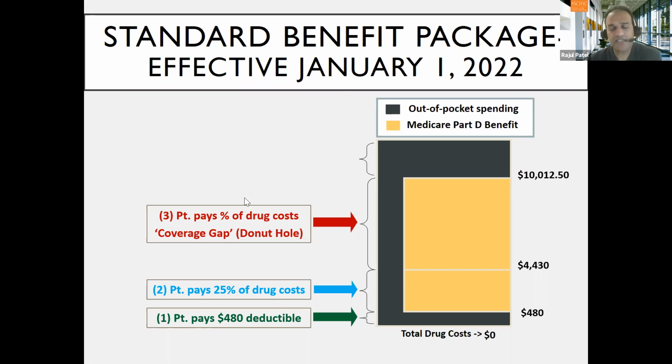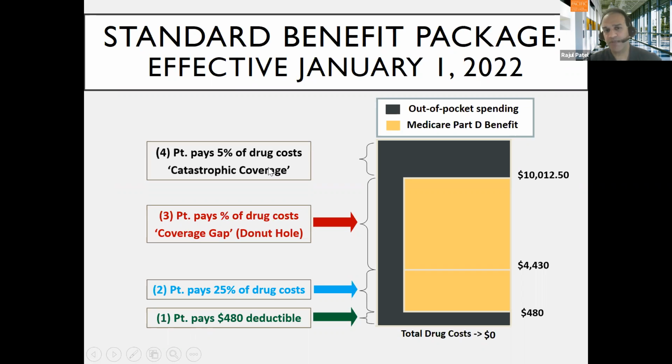And then once you get to $10,000, $12 and change, and any drug costs which exceed that amount, you are now in the fourth and last phase of the Medicare benefit. It sounds terrible, but it's actually the best place to be. It's called catastrophic coverage. The reason it's the best place to be is the patient pays roughly 5% of their drug cost. Okay, so it's the smallest sliver of their drug cost they are responsible for during this phase.